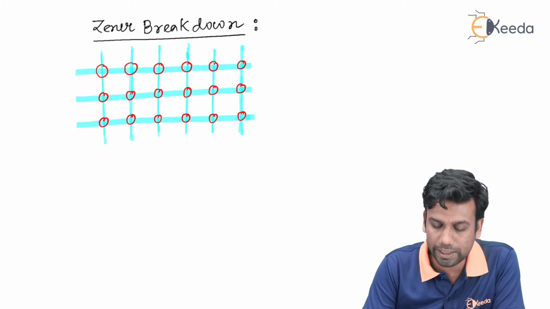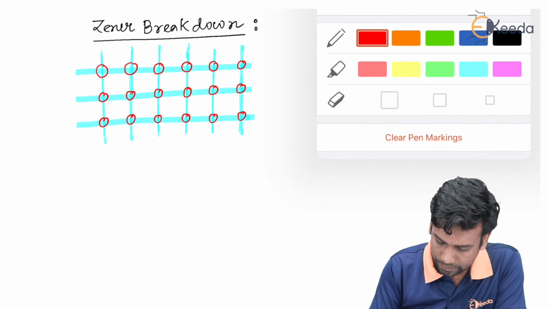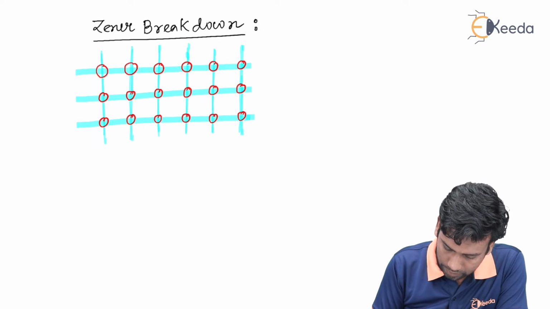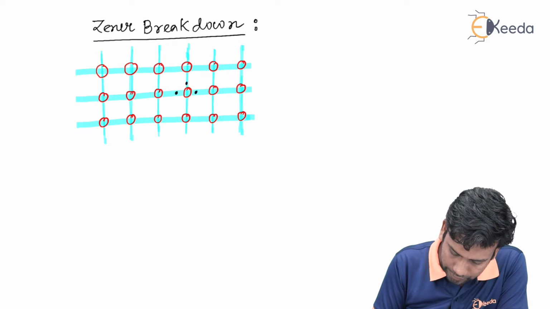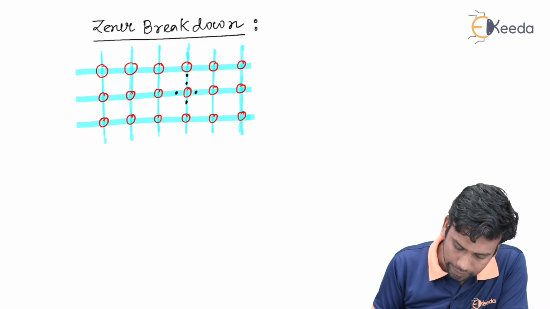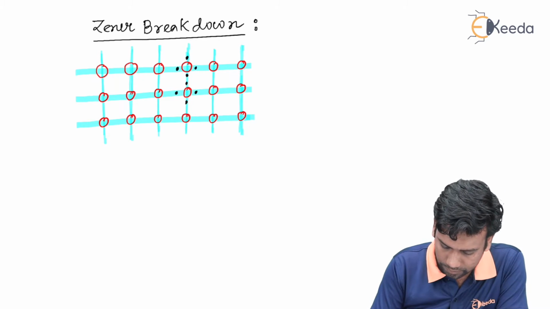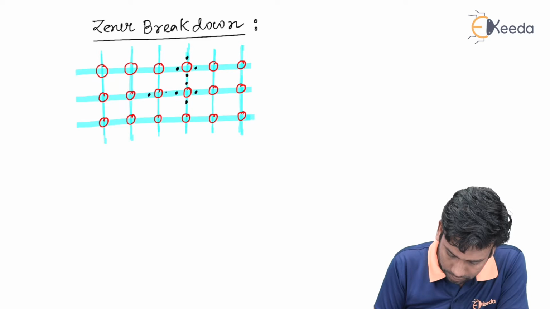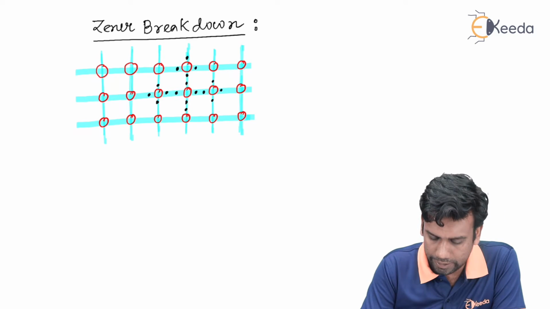And if we draw the electrons of one atom, it will look like this. This is one electron of this atom, and at every covalent bond we get these 4 electrons. So, in this way the covalent bonds are there.